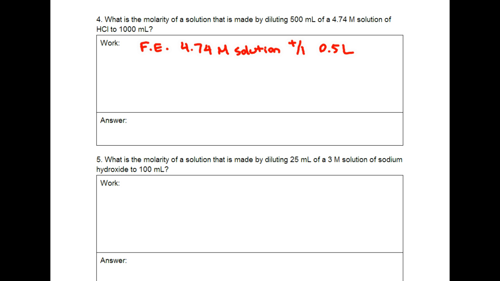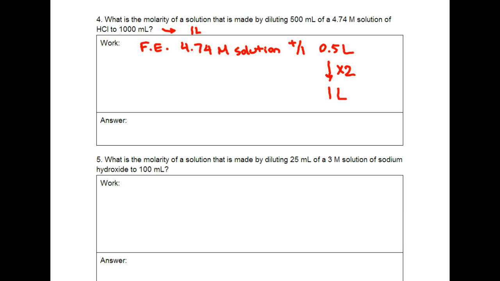If that's the first solution, we're actually diluting it to something else. So we're diluting it to 1,000 milliliters, and using the for every statement for milliliters to liters, as I showed in the previous part, this is 1 liter. Now when going from 0.5 to 1 liter, we're multiplying by 2.